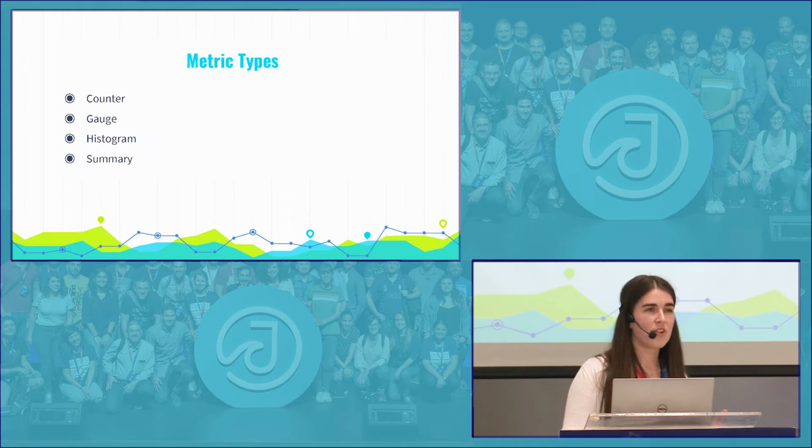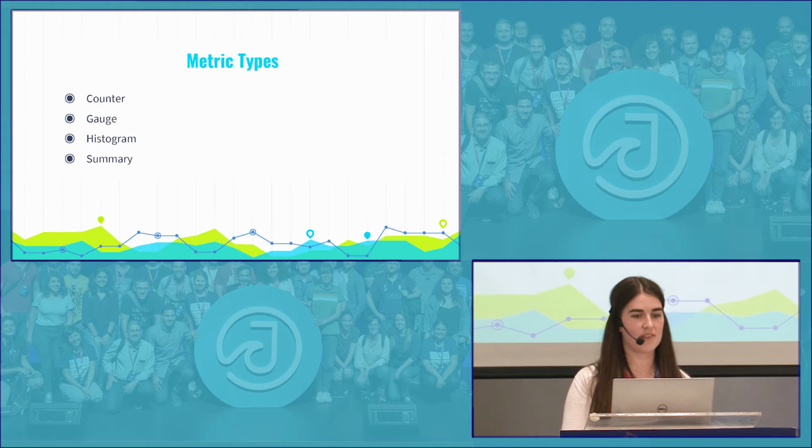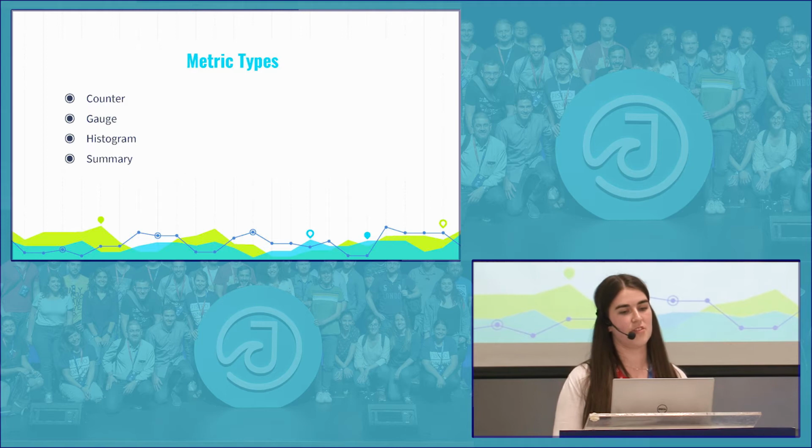There are 4 metric types which Prometheus offers. The first is a counter, and this is a single numerical value which can only ever increase. You might use it, for example, for counting the number of requests or the number of errors within a system. The second metric type is a gauge, and this is also a numerical value, but the difference from a counter is that it can also go up and down.